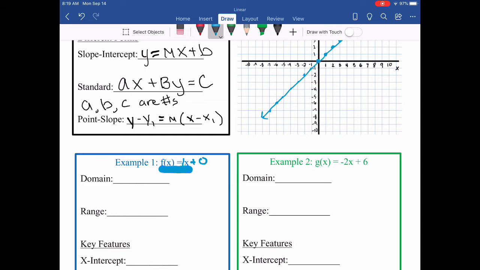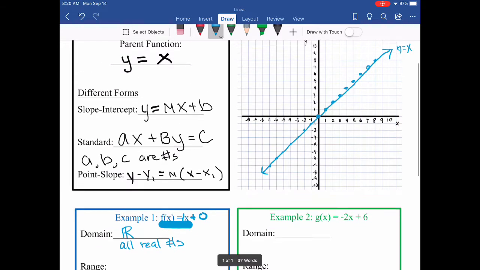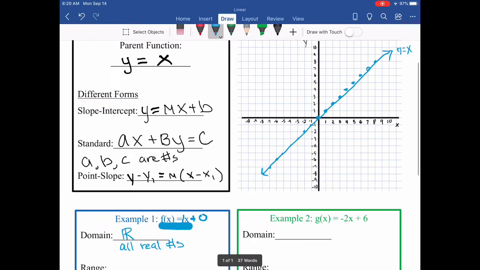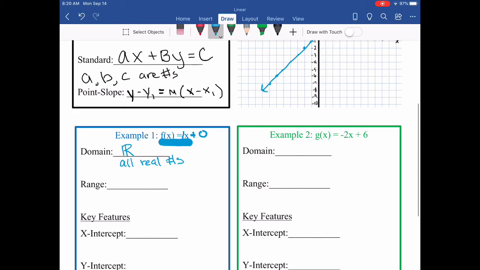It has a domain of all real numbers. We'll use that symbol to mean all real numbers. It also has a range of all real numbers because it continues into infinity in the negative y and positive y direction.